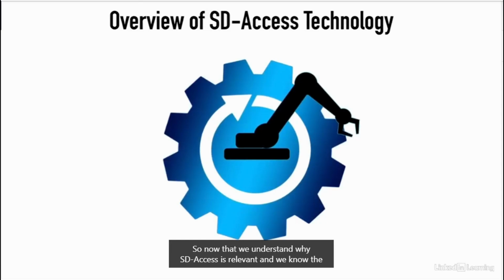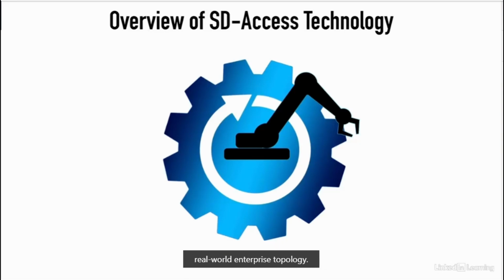Really unique. So now that we understand why SD Access is relevant and we know the required pieces of the SD Access fabric, in the next video, we'll take a look at a common way we might see this implemented in a real-world enterprise topology.